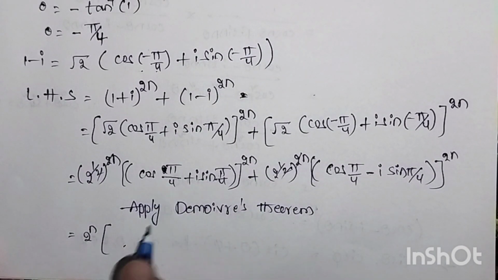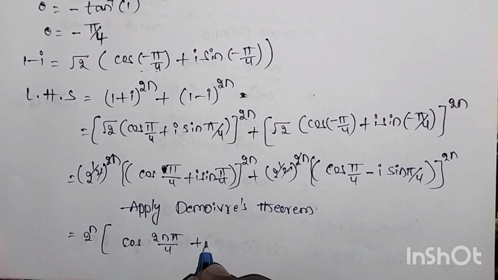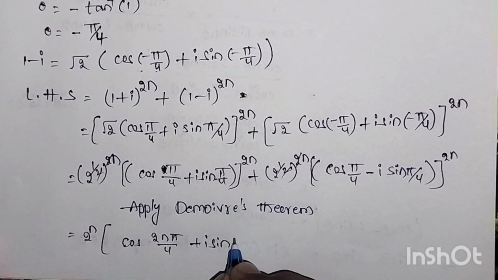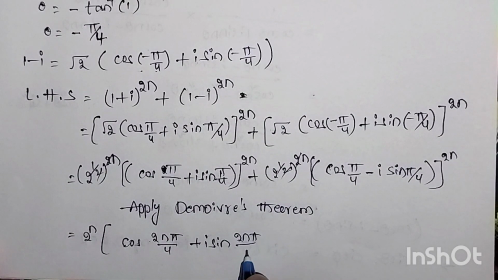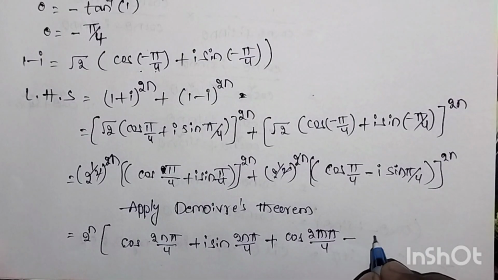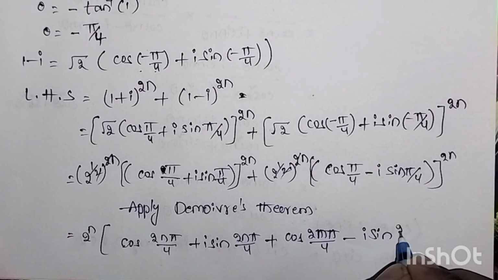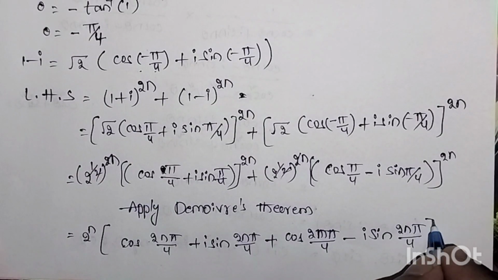The power comes inside. Cos 2n pi by 4 plus I sin 2n pi by 4, plus cos 2n pi by 4 minus I into sin 2n pi by 4.